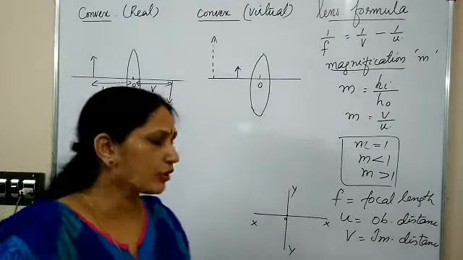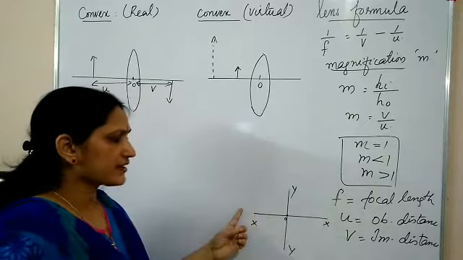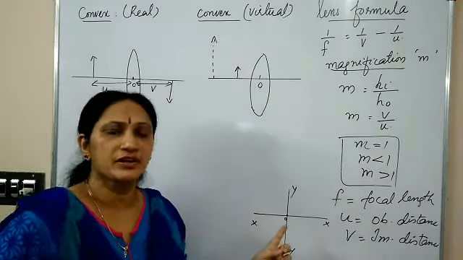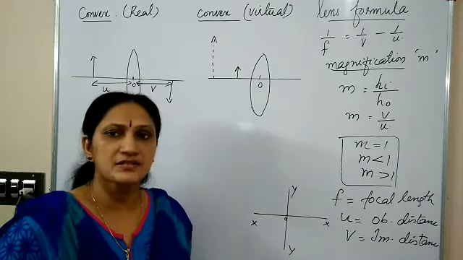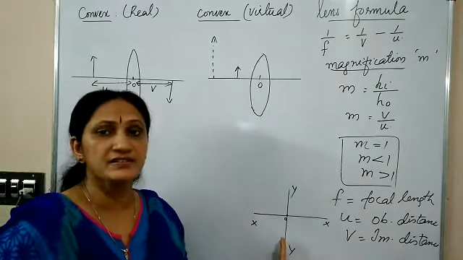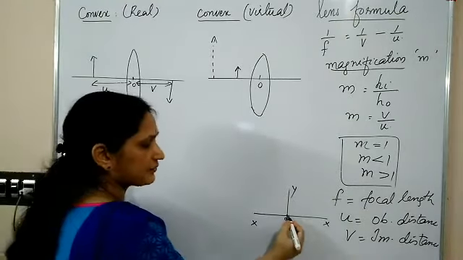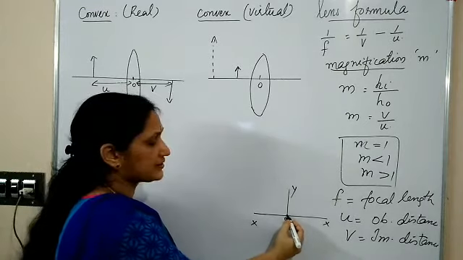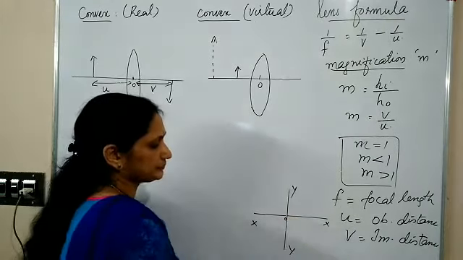In the Cartesian coordinate system, the horizontal axis is called the x-axis, the vertical axis is the y-axis, and where the x and y axes meet, that is the origin, O.